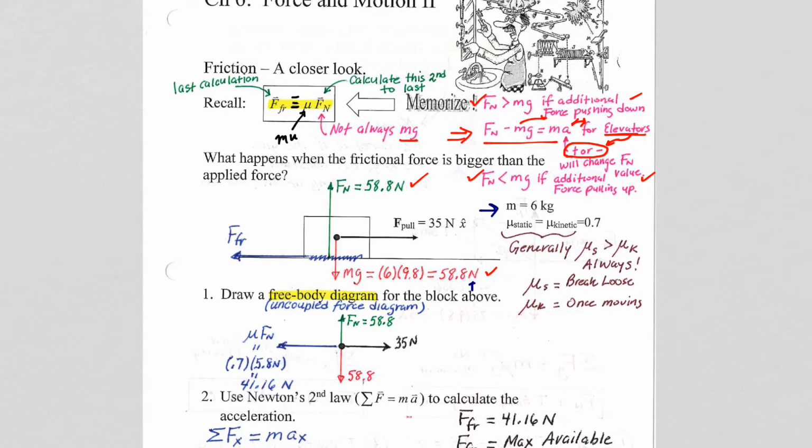As we said in our last unit on friction, the coefficient of friction has two values. The first is the static frictional coefficient, and the second is the kinetic coefficient. The static coefficient is always bigger than the kinetic because that's the break-loose friction.